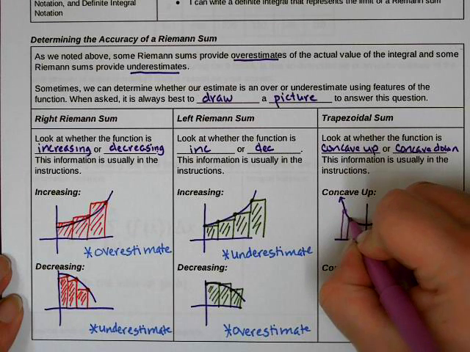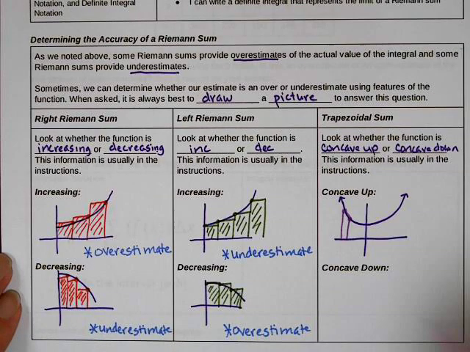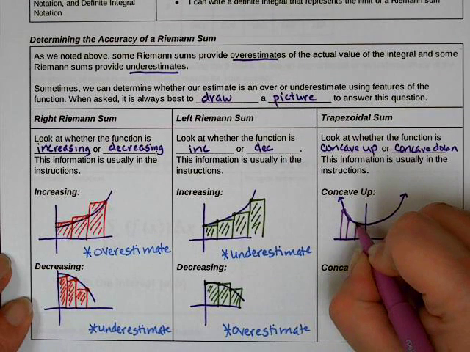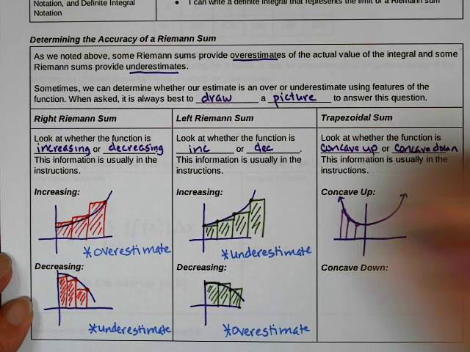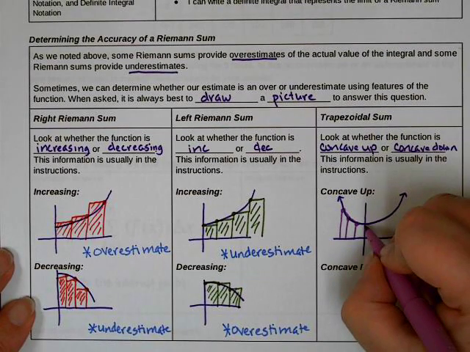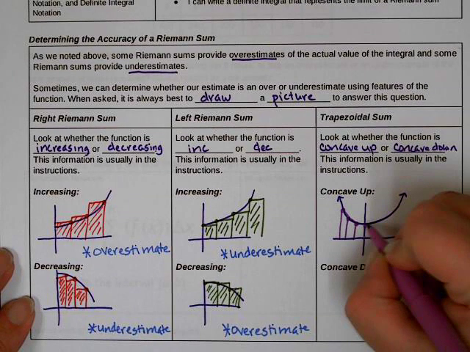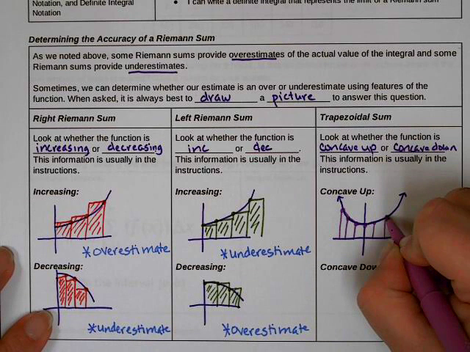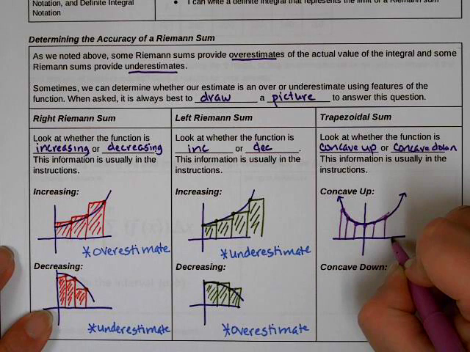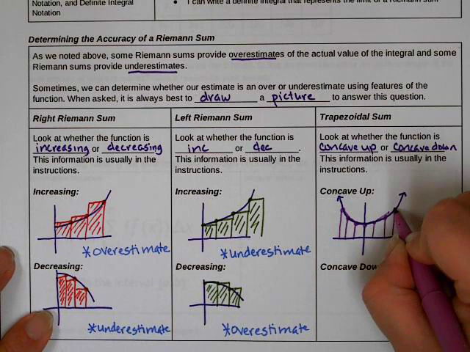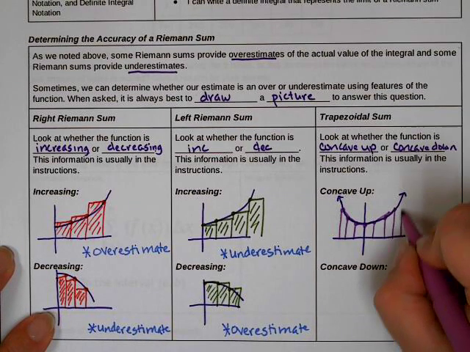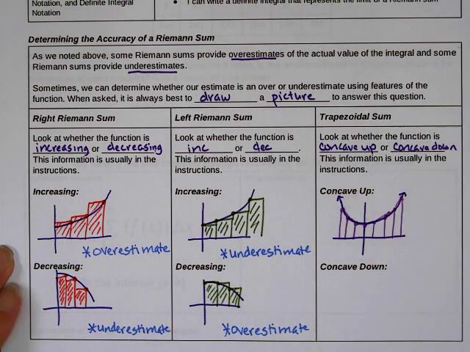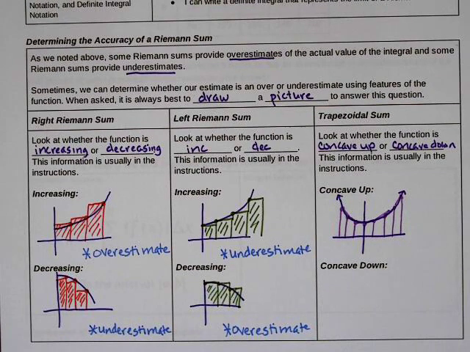Here's one point, here's the other, and I'm going to connect them to make a trapezoid. And then here's one point, here's another, and I connect it. It's a little hard to see as I'm going here right at the middle. But once I start to come up on this side, I can see that they start to go above the actual graph, which means this one is going to be an overestimate.